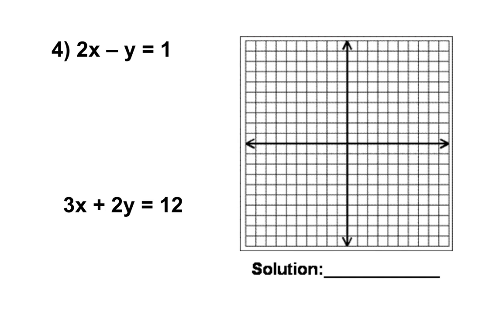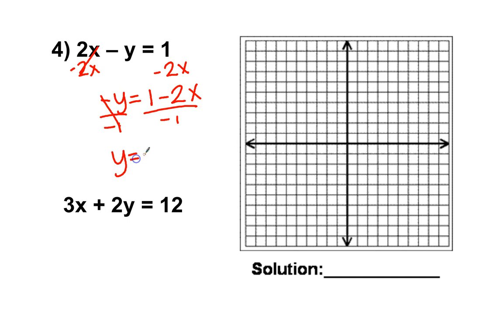So yet again, this is kind of repetitive, but it's the same thing over and over again. We subtract our 2x. So negative y equals... Now, just to show you, I can put the 1 first if I wanted to. 1 minus 2x. We divide everything by negative 1. A positive divided by negative is a negative. 1 divided by 1 is 1.